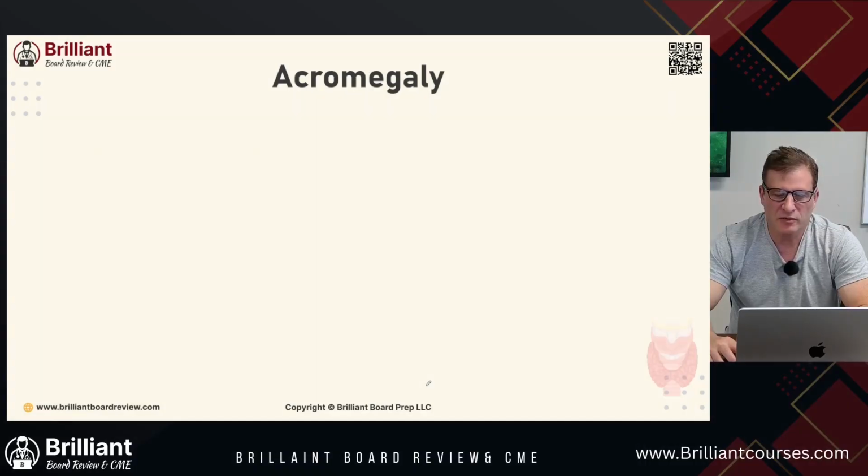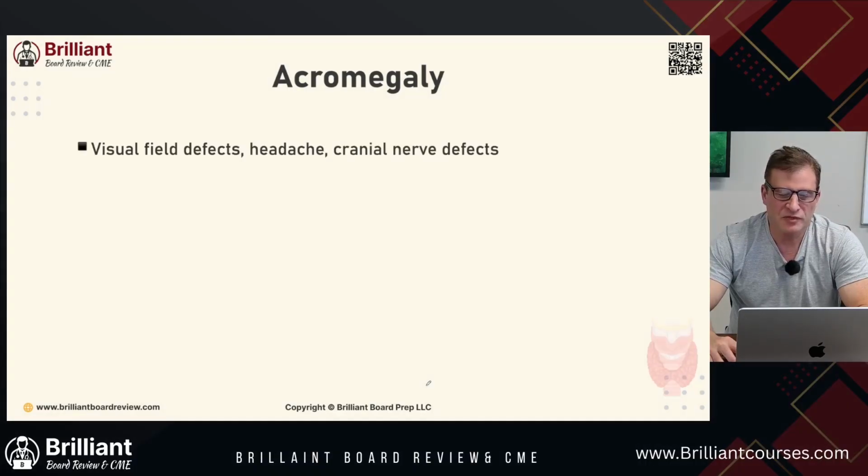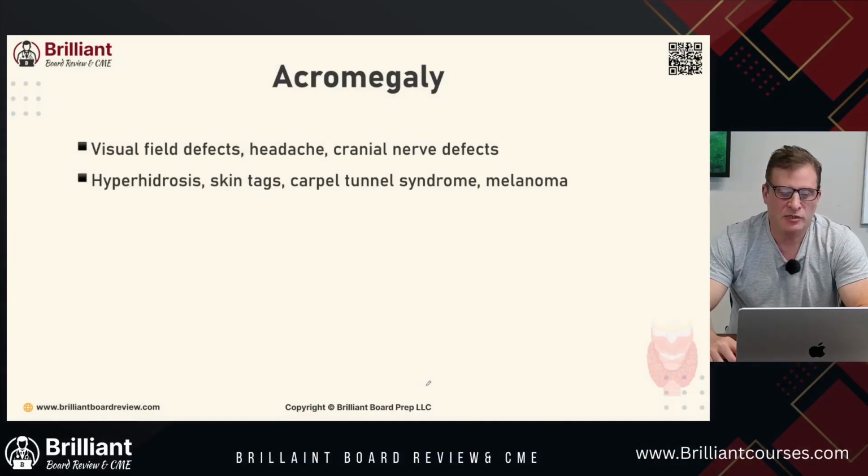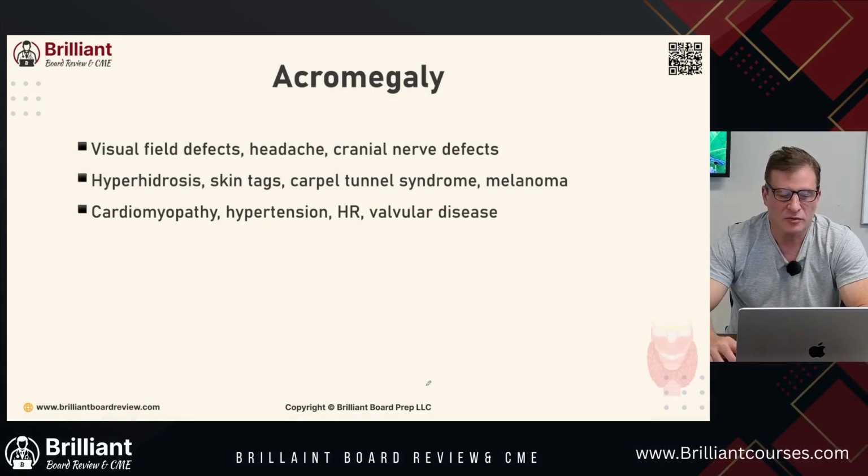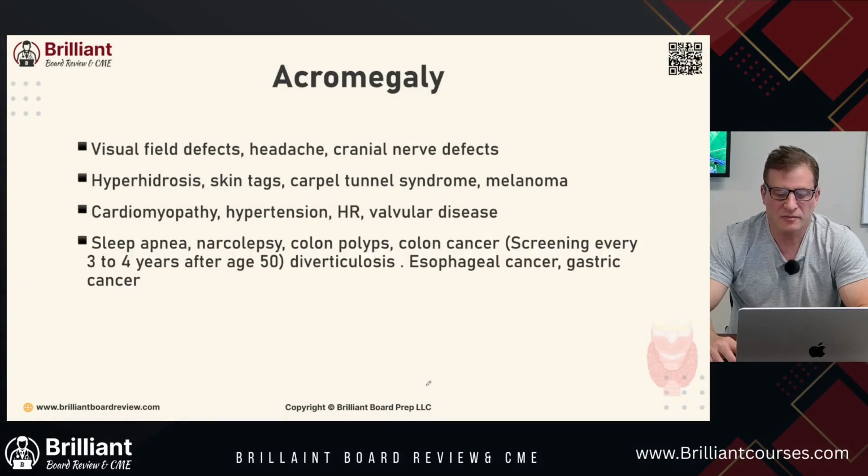More discussion on acromegaly. Can have visual field defects with headache and cranial nerve defects. Hyperhidrosis, which is excessive sweating, skin tags, carpal tunnel syndrome. Melanomas can grow faster and larger. Cardiomyopathy, hypertension, elevated heart rate, and valvular disease.